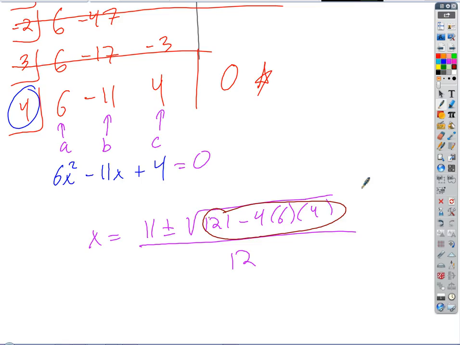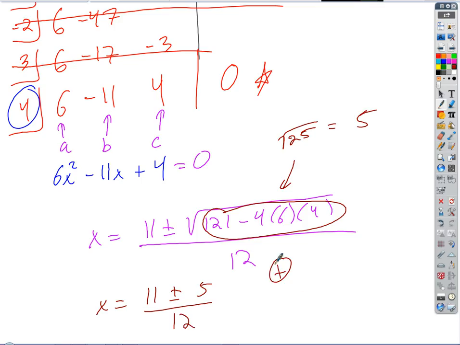So this whole thing in here is just going to turn into the square root of 25, which is what? 5. So this is going to be easy. So we're going to get x equals 11 plus or minus 25, or sorry, 5, not 25, over 12.